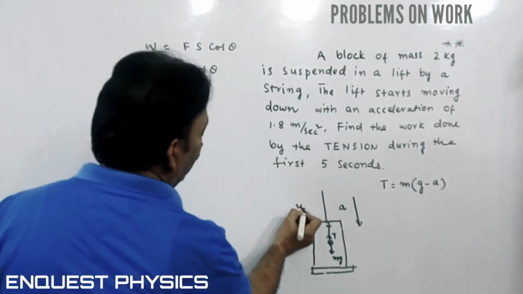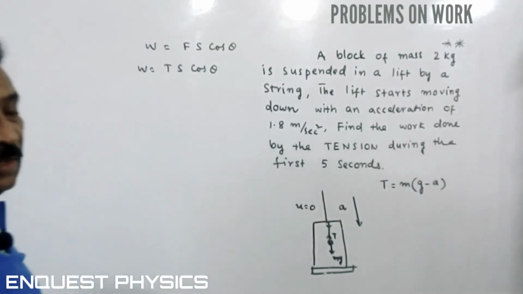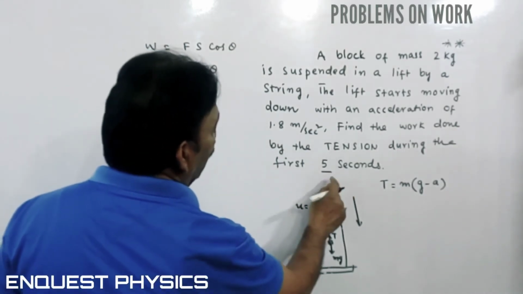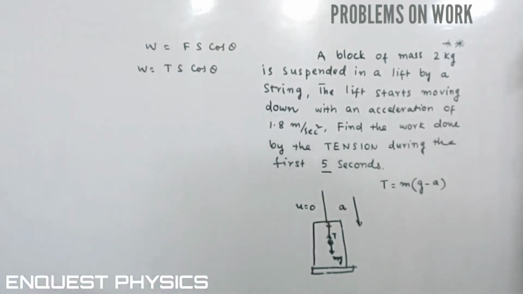Let's assume the lift started from rest. Obviously its initial velocity is 0. He gave the time as 5 seconds. We have to find out the work done after 5 seconds.